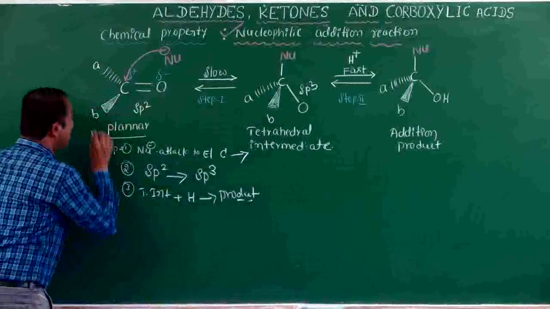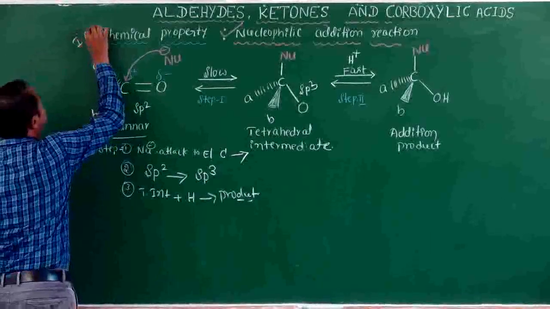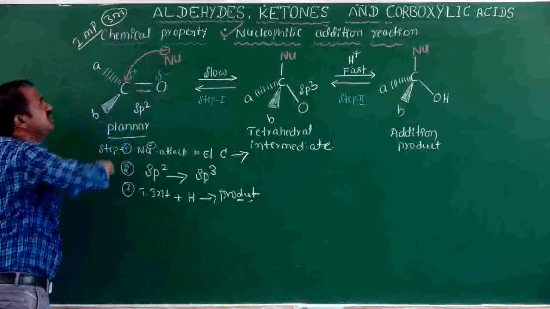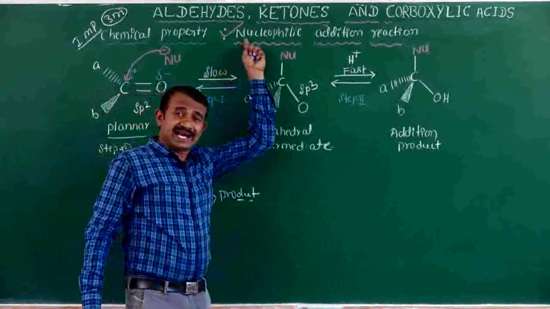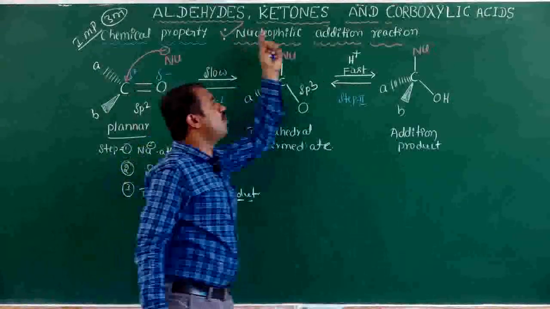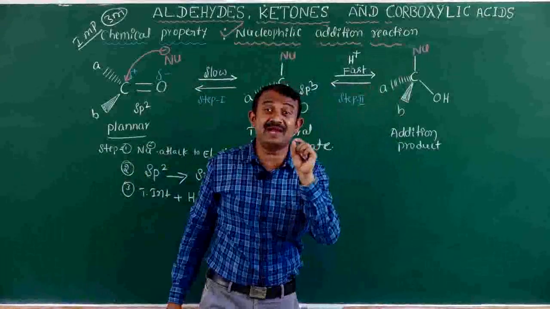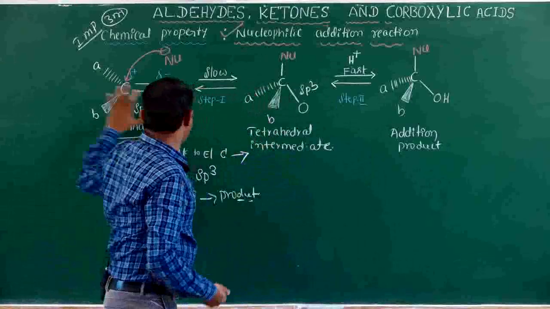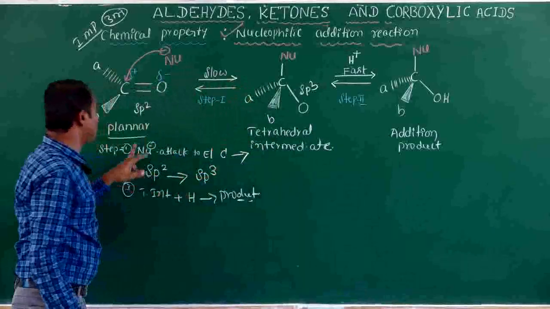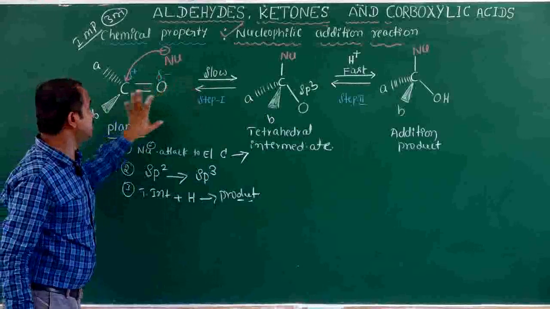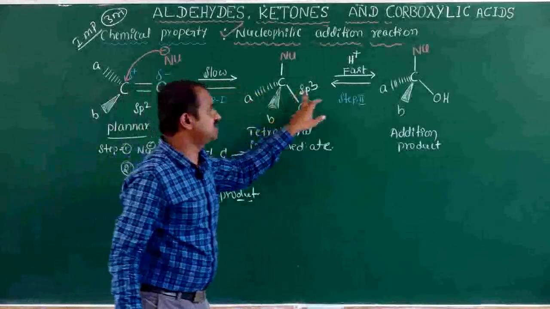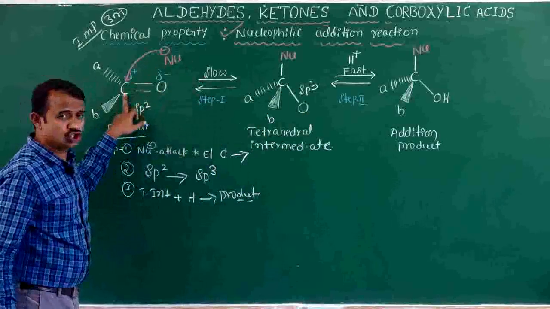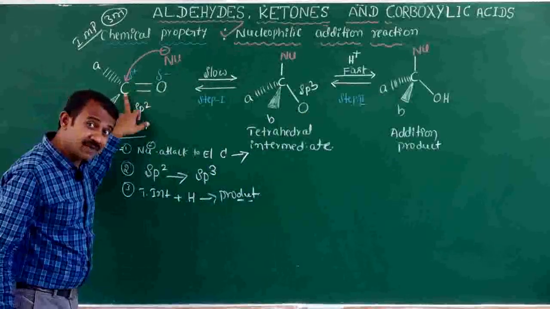Write the mechanism, very important. This is very important. They will ask a 3 marks question: write the mechanism of nucleophilic addition reaction, the general mechanism for nucleophilic addition reaction. Write the structure. This is the step 1 mechanism and the step 2 mechanism. Step 1: the nucleophile is attached to the electrophilic carbon atom.